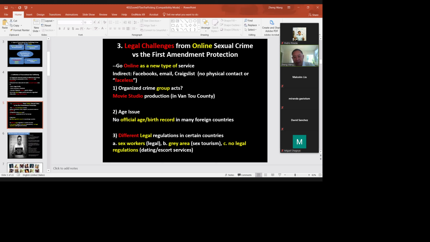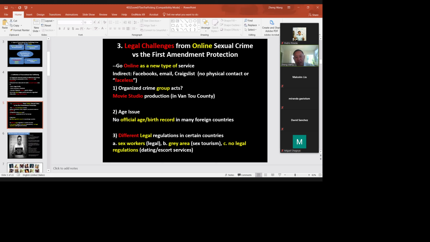However, the one we are focused on today is child sex tourism. I'll elaborate later on. And number three is no legal regulation, such as dating services and escort services. Right now it's almost okay. If you give your email to Facebook, Twitter, or some public social media, you can constantly receive an email saying that within 5 miles there's a girl waiting for you.